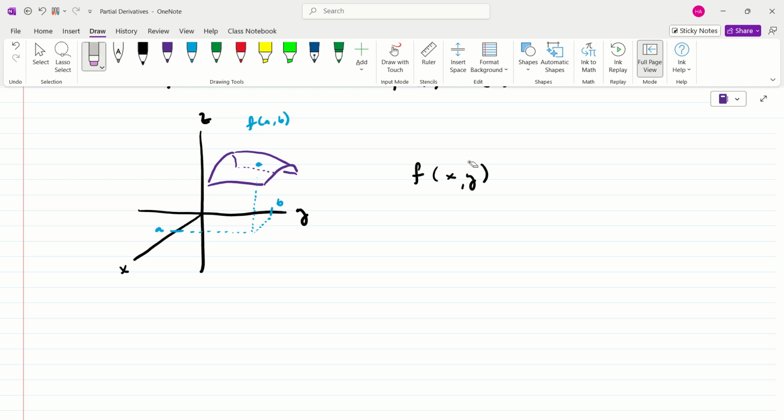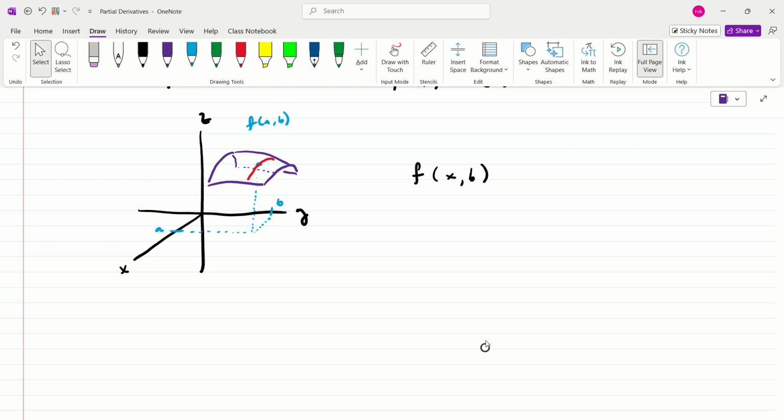So how about we make that b constant? If you try to interpret this on that graph, it would be this curve right here, representing the collection of points on that curve where the b is a constant value.